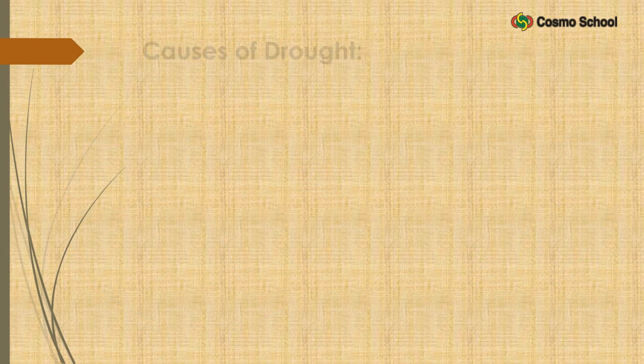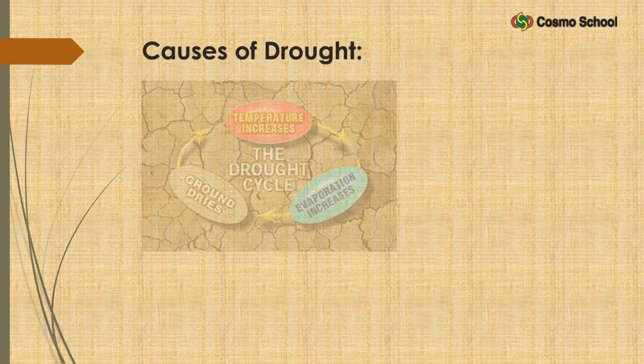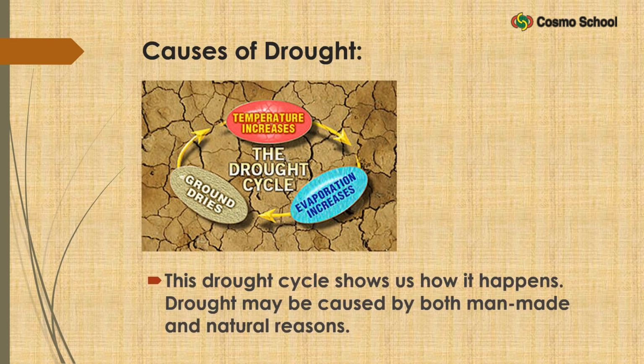Now come to the point, causes of drought. This drought cycle shows us how it happens. After an increase in temperature and evaporation, the ground soil goes dry. Drought may be caused by both man-made and natural reasons.